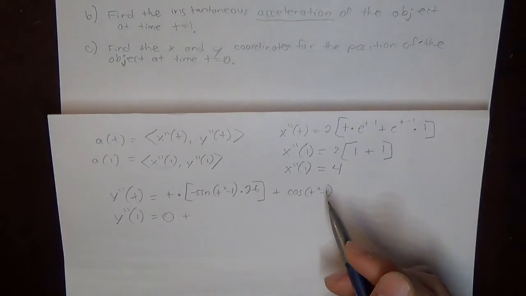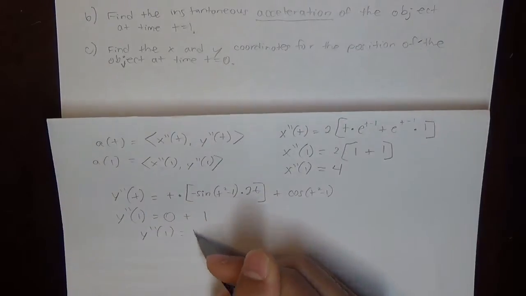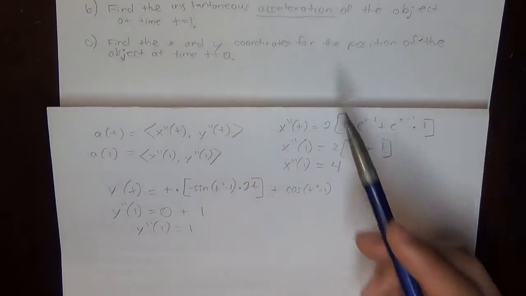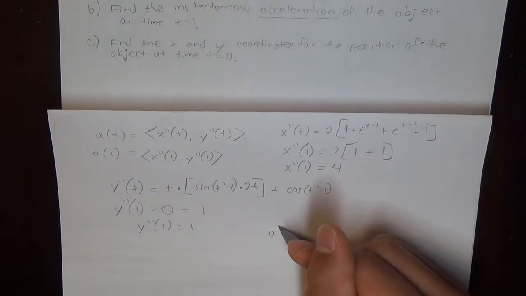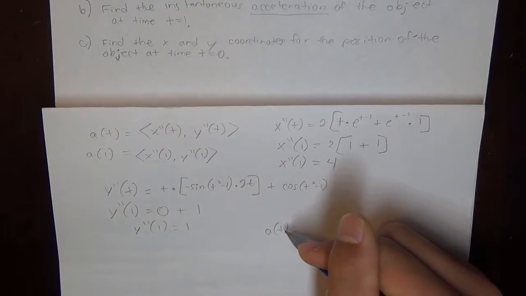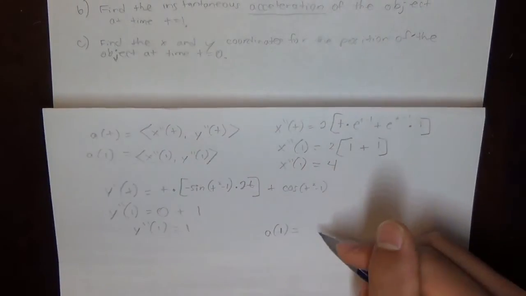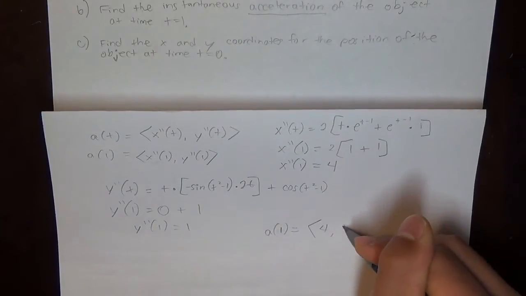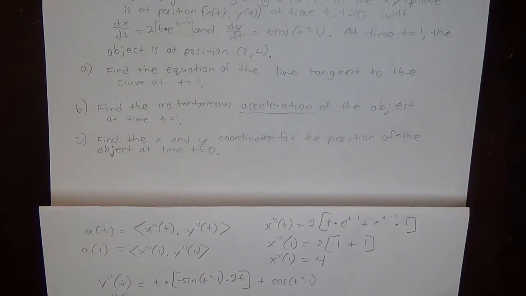Cosine of 0 is 1. So yay, we found both of these. So the instantaneous acceleration at t equals 1 is that. So cool, we did it.